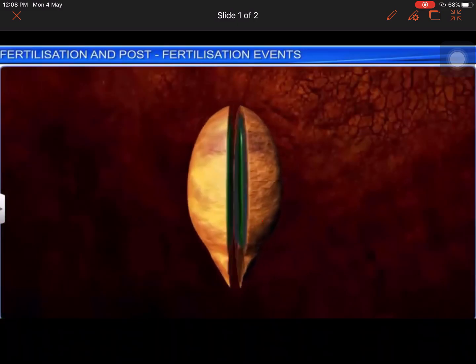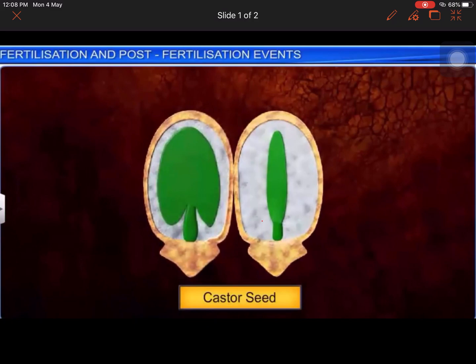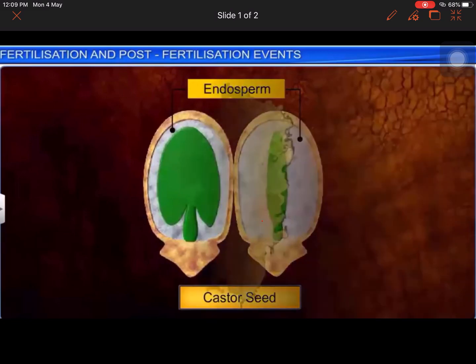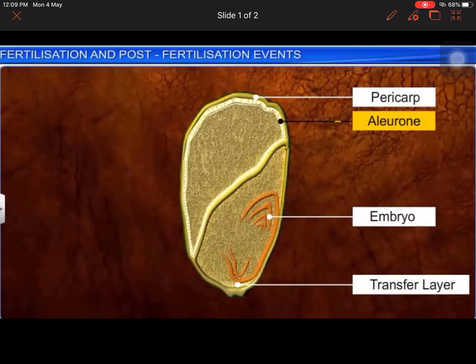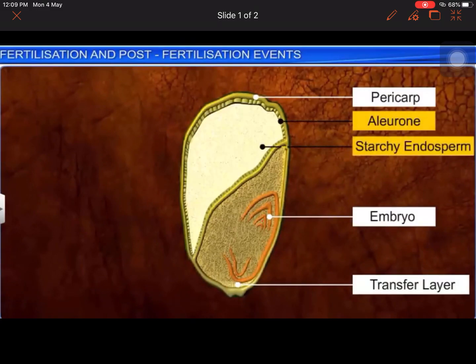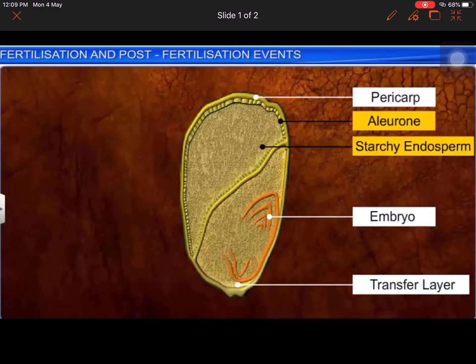However, in mature seeds of castor, the endosperm is retained as a storage tissue. In the case of cereals, the aleurone layer, which forms a part of the endosperm, stores food as well as secretes amylase enzyme for the digestion of stored starch during germination of the seed.